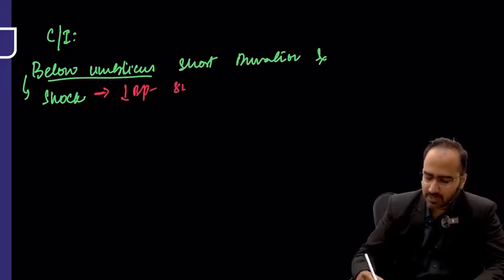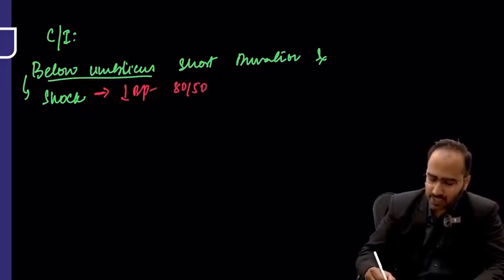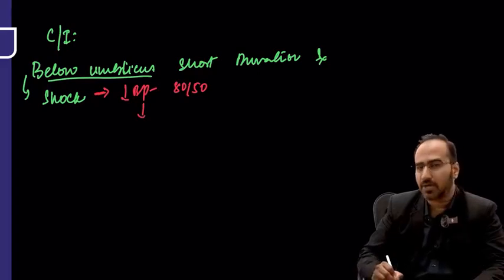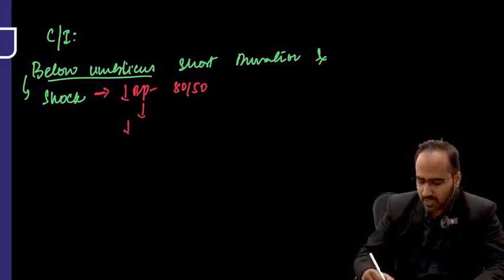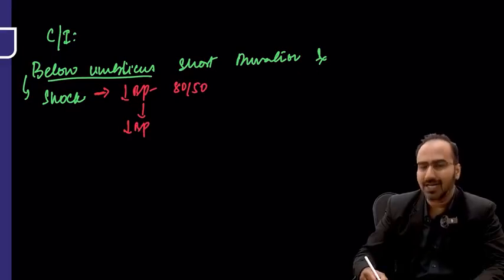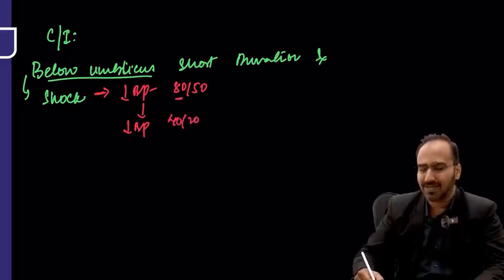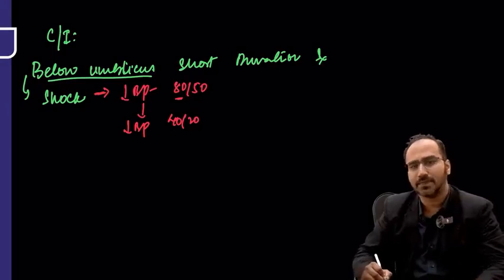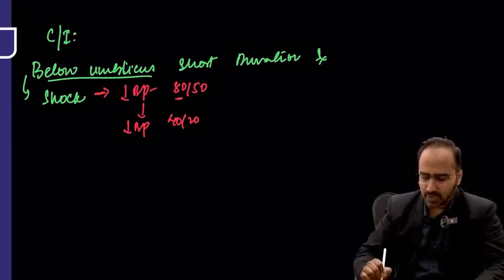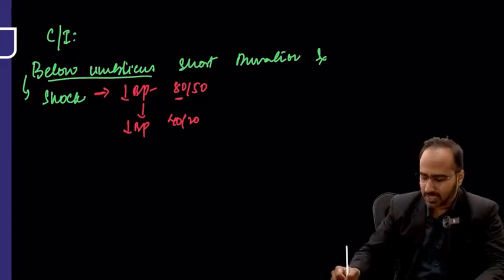Patient is having a BP of 80/50. If you give spinal, the most common complication of spinal is what? It causes hypotension. Already hypotensive. What will happen to this BP? It becomes 40/20. That can cause sudden circulatory collapse also. Right? So in shock, spinal is contraindicated.